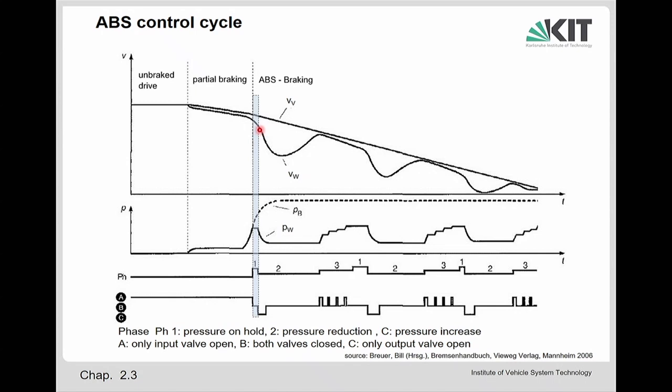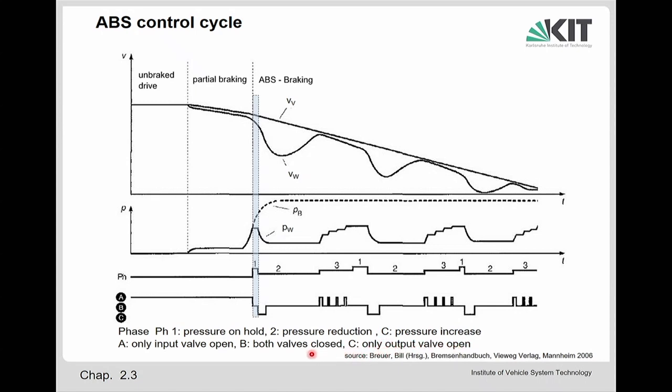And then a second threshold is reached, and this is now a threshold of the slip. So that means with a certain slip detected by a comparison of the wheel speed and the vehicle speed, and the vehicle speed is always an estimated quantity, then a second action takes place. Now we come here to this mode C, which means only output valve is open.